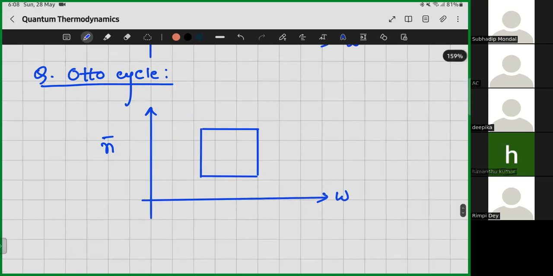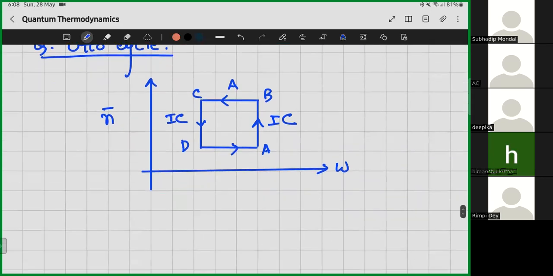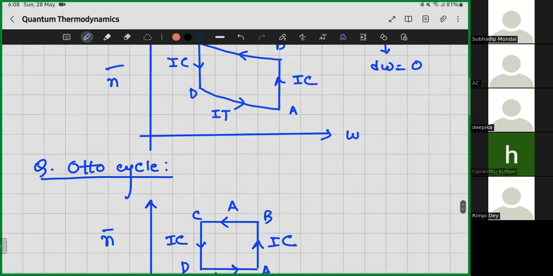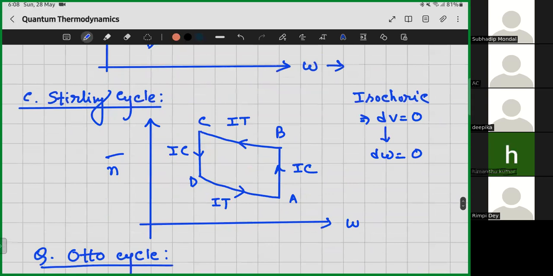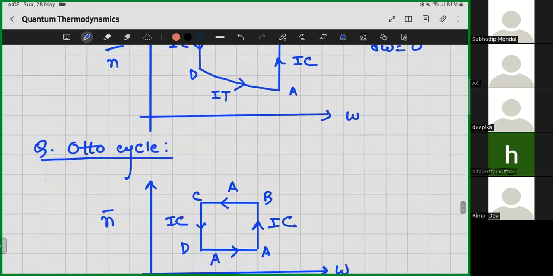Starting from A, B, C, D, the isochoric process has constant omega, and the adiabatic process has constant n bar. So the quantum Otto cycle is the most interesting among the Stirling, Carnot, and Otto. These are the quantum thermodynamic cycles.